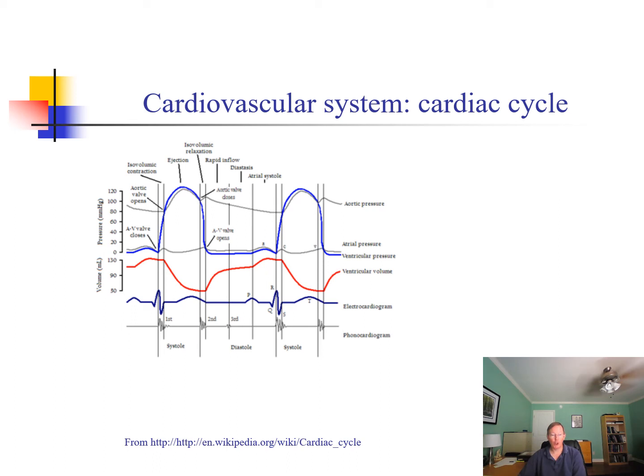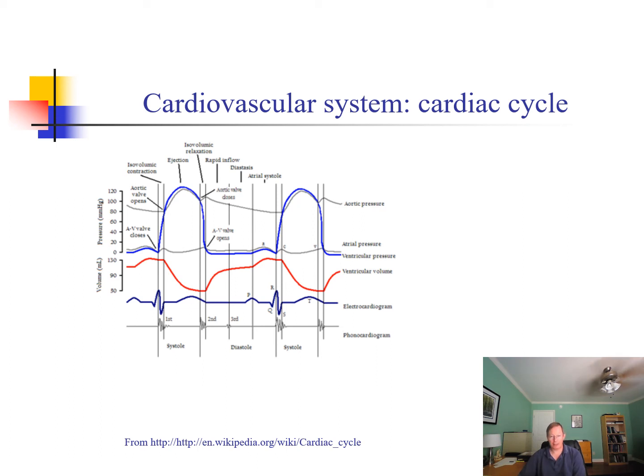So if I look at this same diagram of the cardiac cycle, I could look at the volume here in my ventricles, and you can see that I fill it up, and then as I contract, I squeeze out the blood. If I looked at the pressures in my ventricle, I start squeezing, and then as soon as my valve opens, then I start to drain out blood and my pressure goes down.